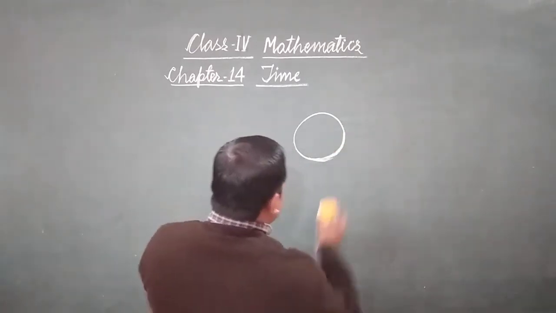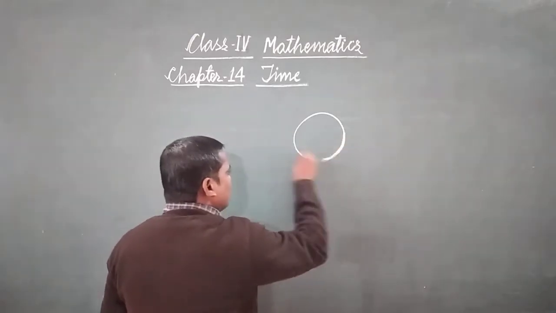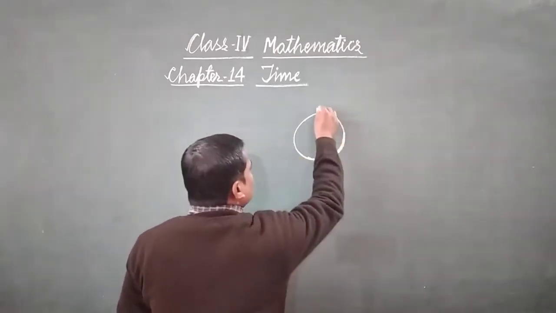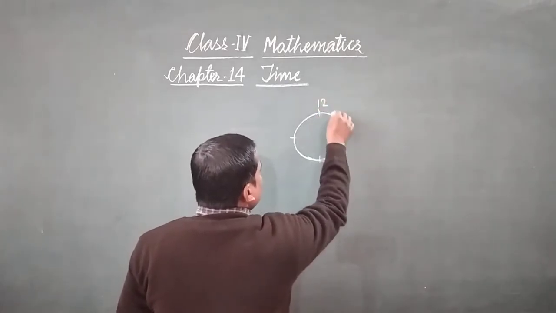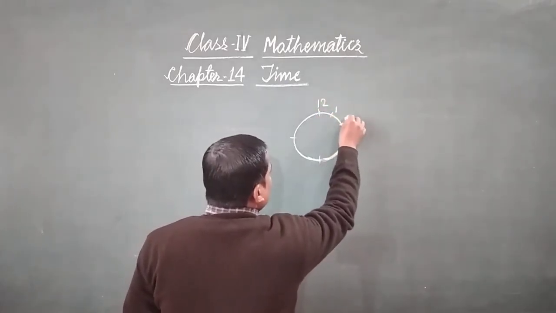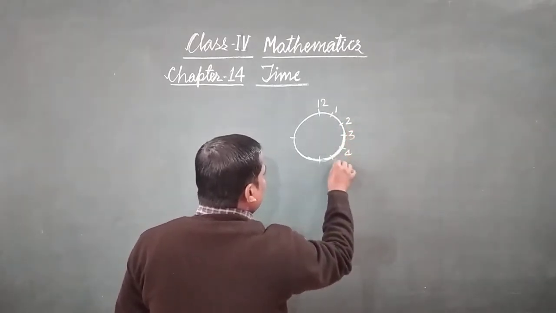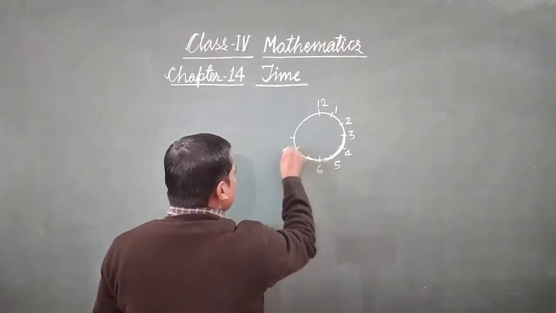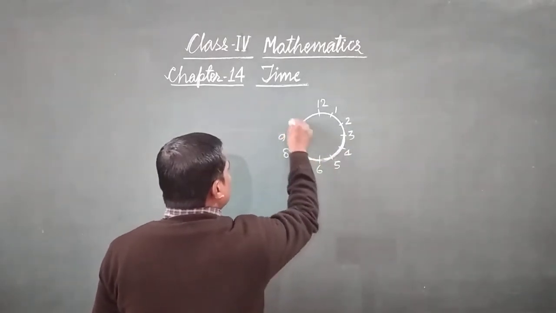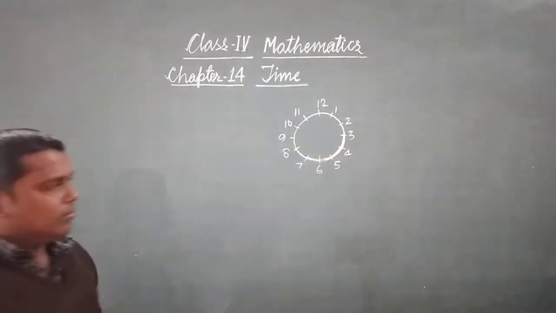On it you have seen the numbers from 1 to 12, means 12 here, 1, 2, 3, 4, 5, 6, 7, 8, 9, 10, 11 and 12.